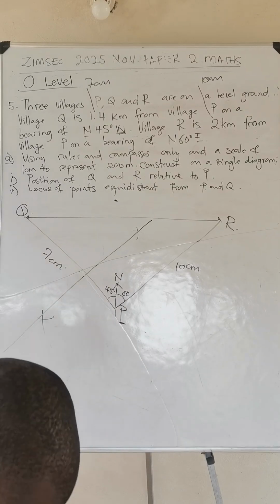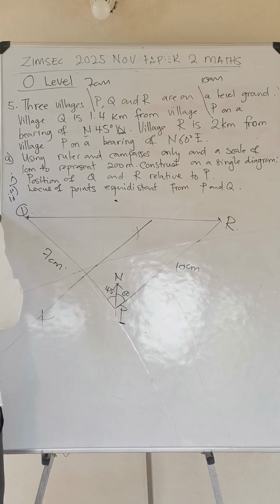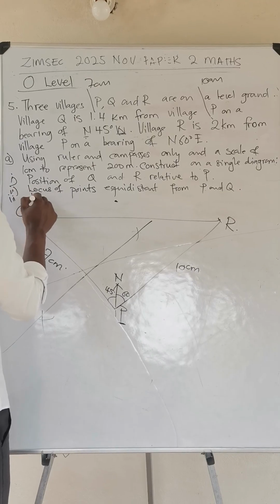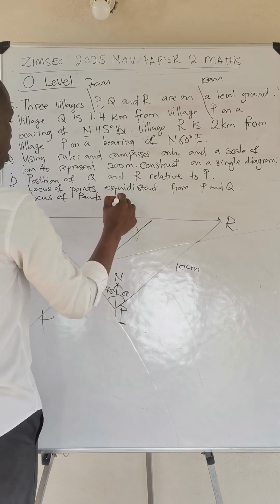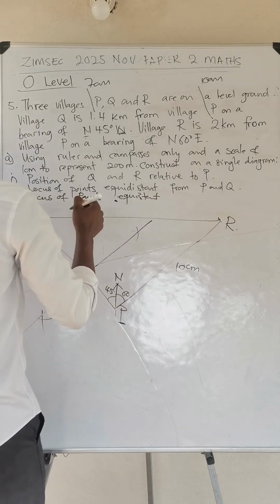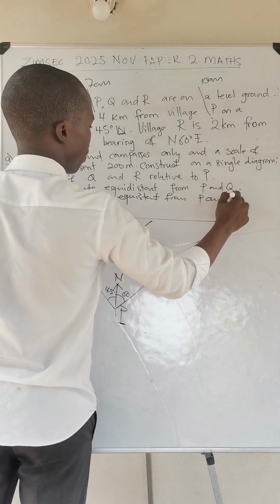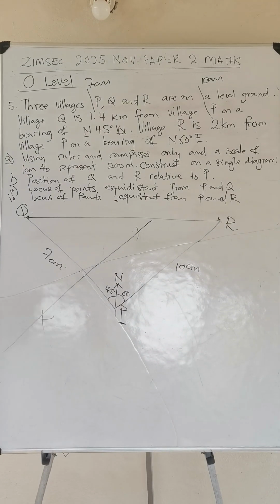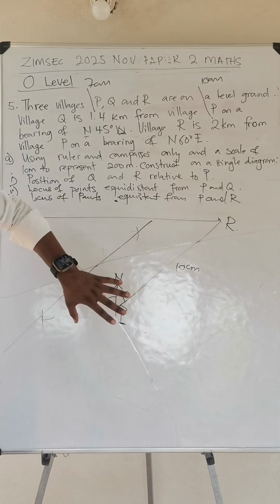Okay. Then another question says, question 2 says, find the locus of points equidistant from P and R. Okay, so the locus of points which are equidistant from P and R, it means we are supposed to bisect this line again.